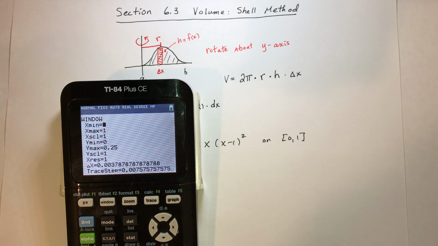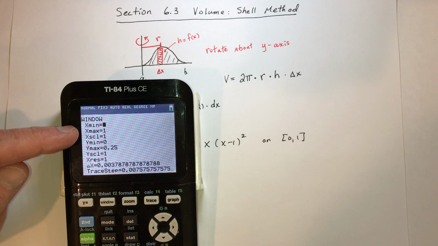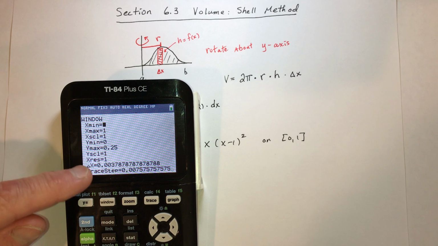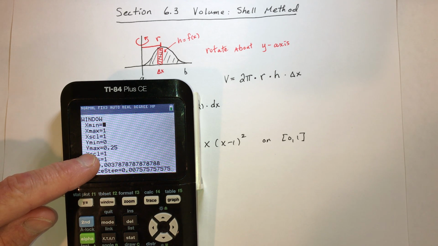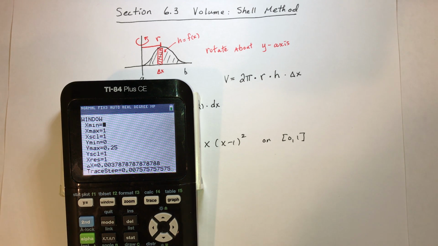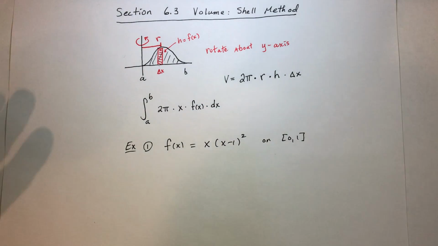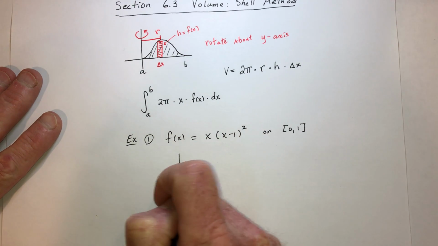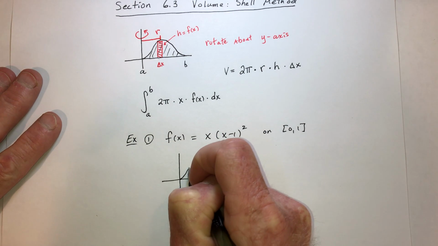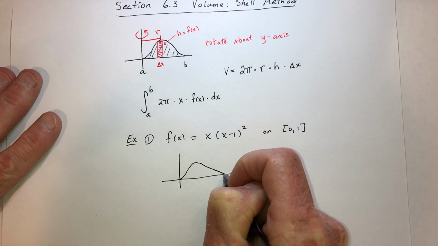And then I change the window to go on the x-axis from 0 to 1. And it's a very short function, so the y value is just 0 to 0.25. And then it makes that type of graph. So it's about like that.